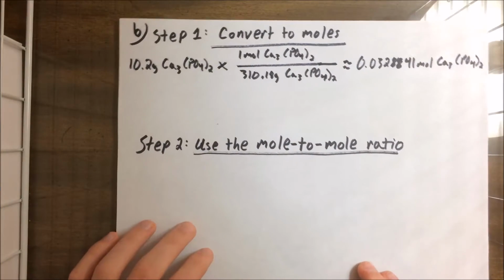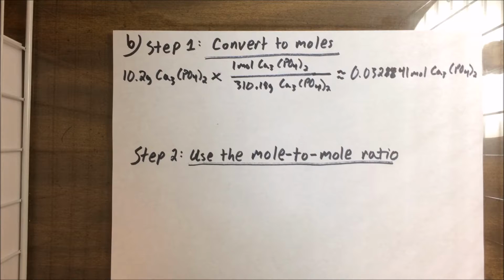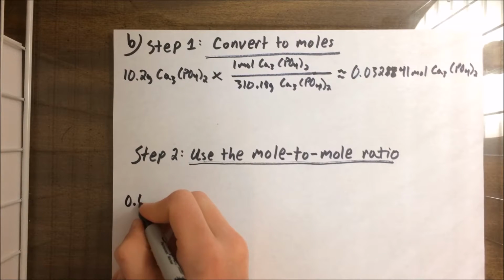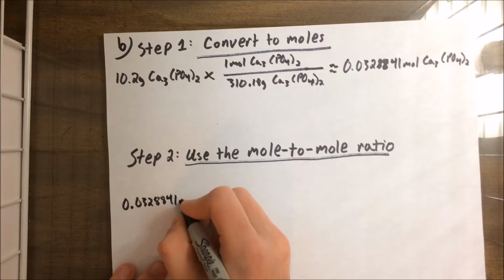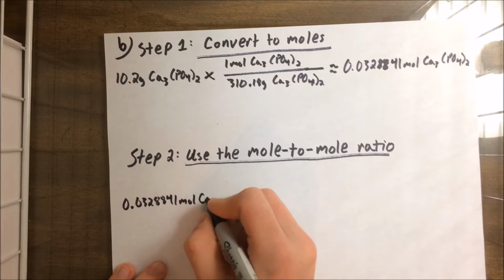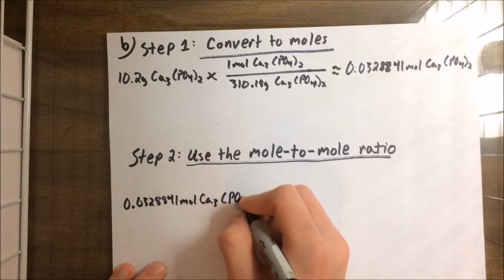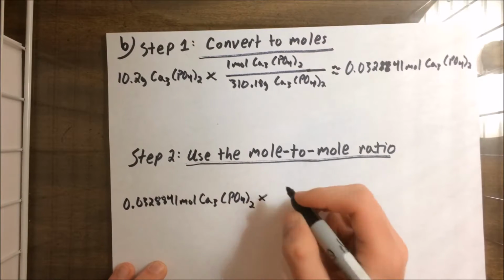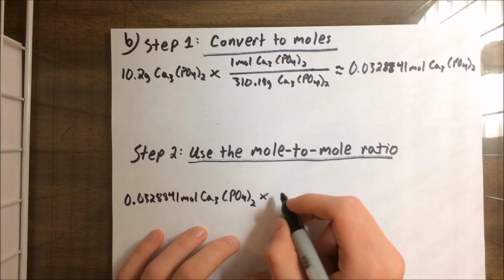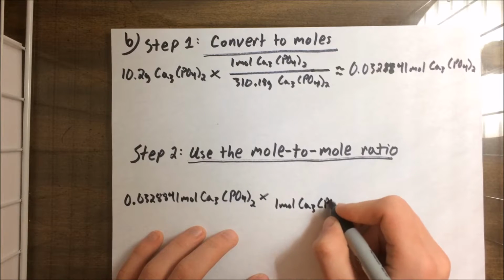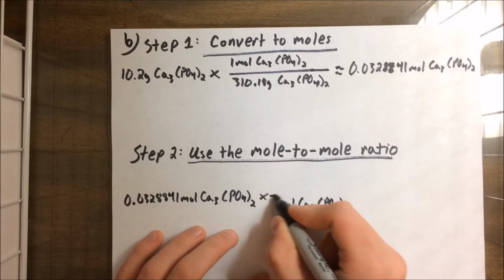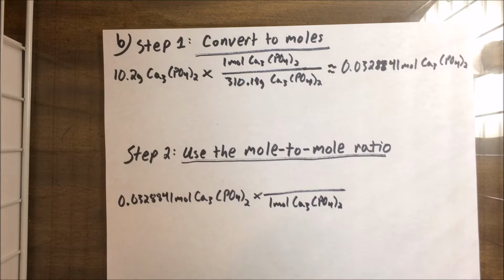Okay, so then step 2 is to use the mole-to-mole ratio. We're going to take the 0.0328841 moles of calcium phosphate and multiply it by, let's check the original balanced chemical reaction.